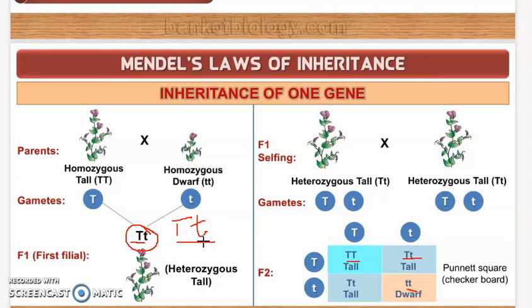In that pair, one dominates the other, as in the F1, and hence is called the dominant factor. As it got expressed, he called it the dominant factor, while the other factor is recessive because it did not get expressed in the F1 generation. So in this case, capital T for tallness is dominant over small t for dwarfness, which is the recessive trait.